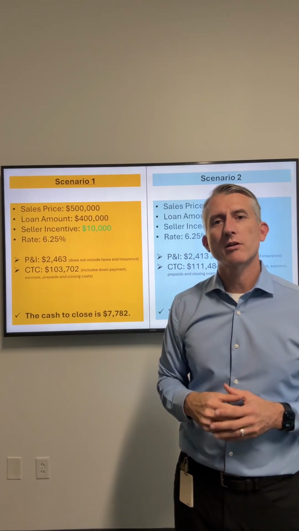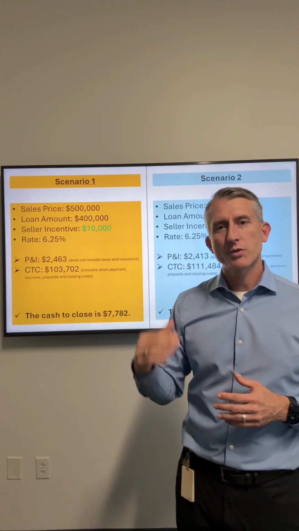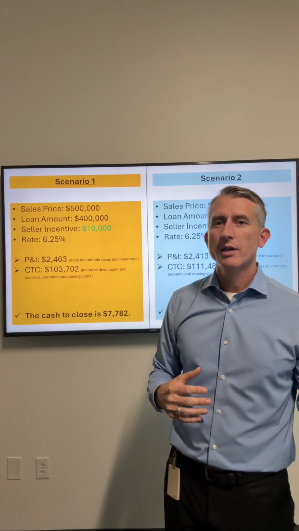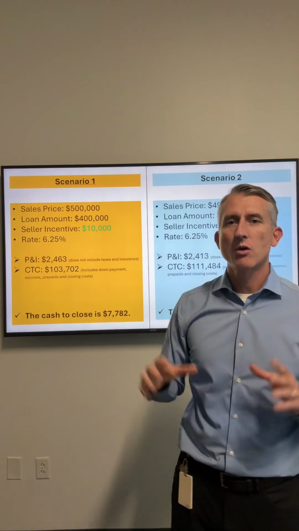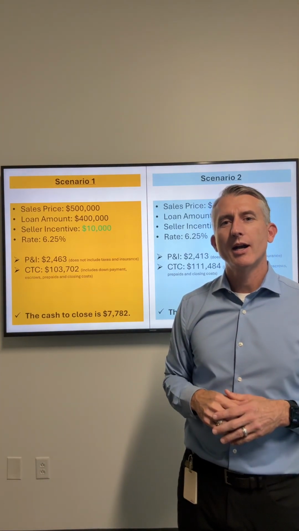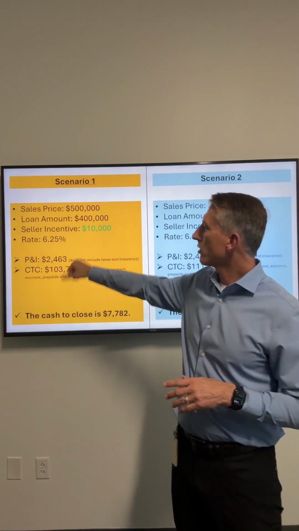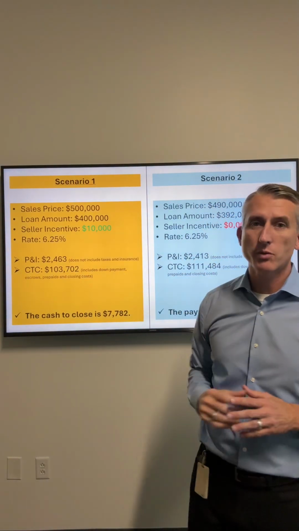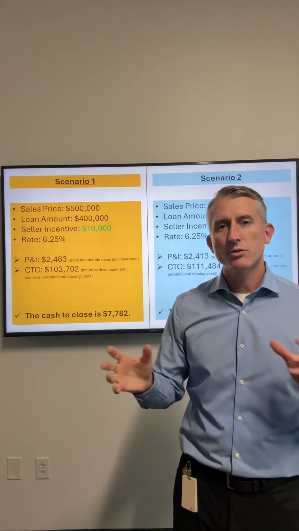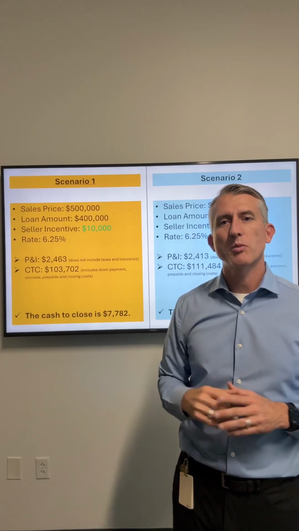Let's say you get the choice. You can use the $10,000 as an incentive toward your closing costs, or you can use it to lower your sales price. In this scenario, we're going to take the $10,000 right now, at the closing table. Your 6.25% interest rate, principal and interest is $2,463. We're not going to use taxes and insurance in this because that's different depending on where you buy.